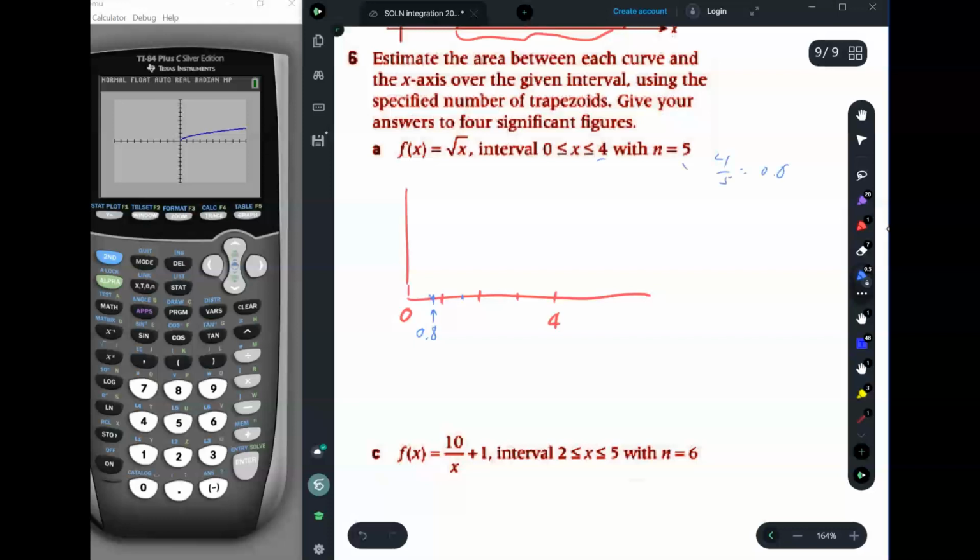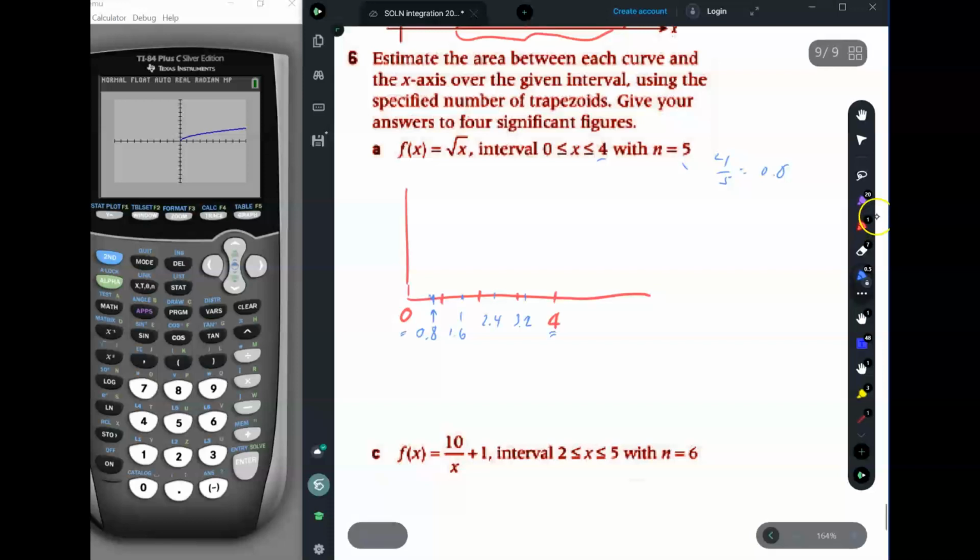So that's the width of one of the segments. The next one's going to be 1.6, then 2.4, then 3.2, and the last one's going to be 4. Oh, and the first one's 0, of course. So those are the x values.